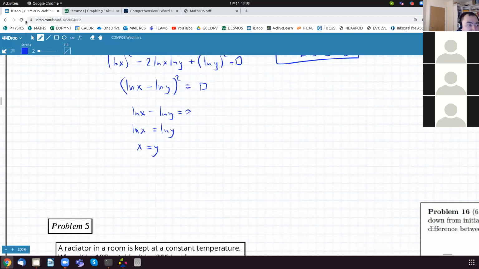So for example, if we had sine x equals sine y, that does not mean that x is y. However, this means that, because logarithm is a one-to-one function.